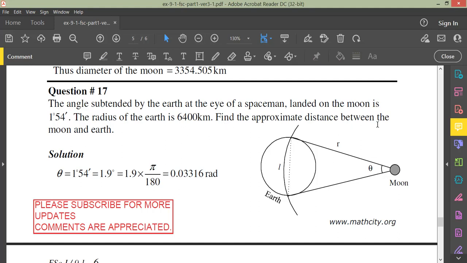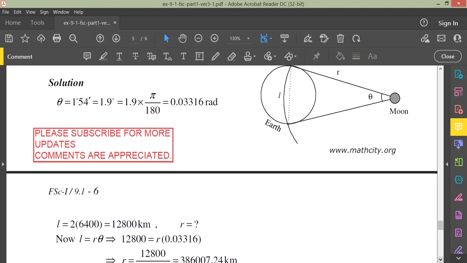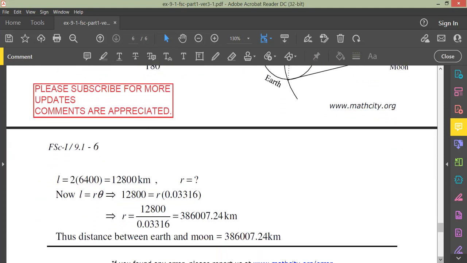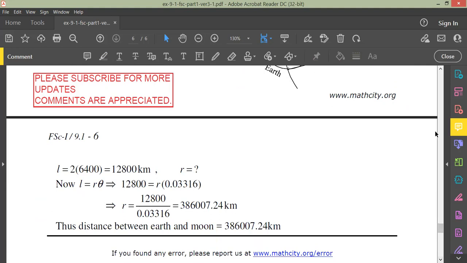Find the approximate distance between the moon and the Earth. We have to find the approximate distance between the moon and Earth.